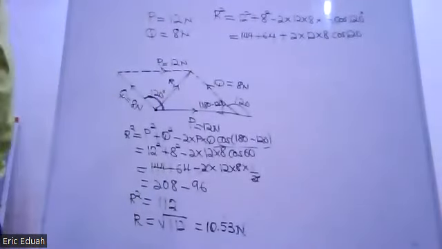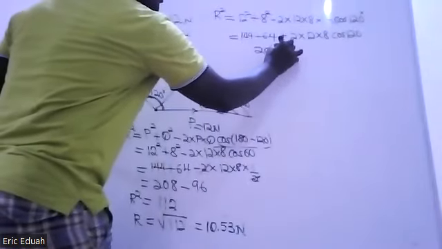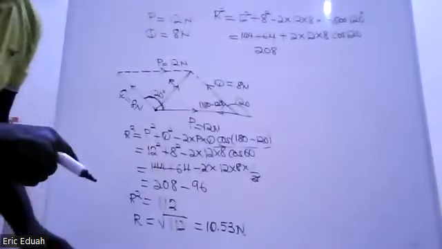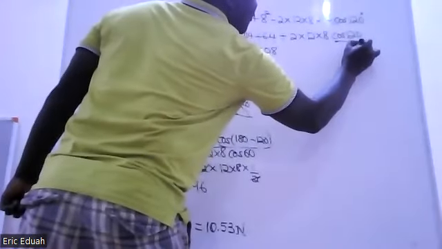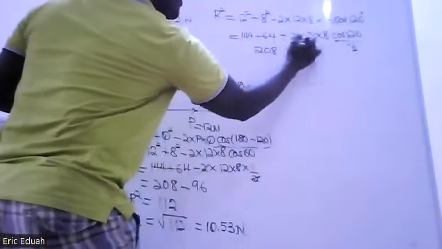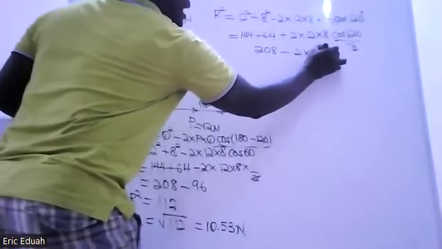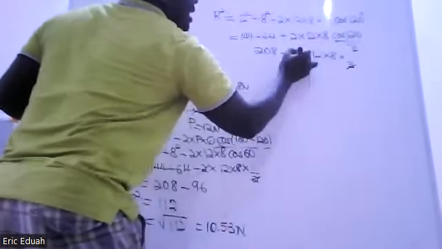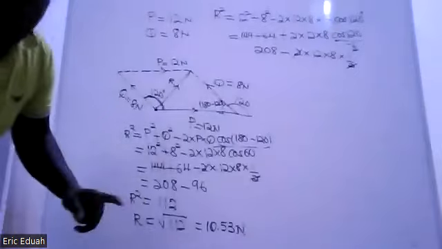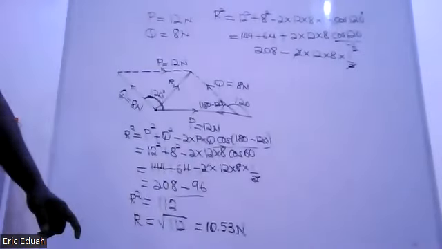Now cos 120 is negative half, so negative times negative makes a minus. That gives 208, minus 2 by 12 by 8 times half. Yes, and it cancels, so you realize that it brings you back to the same thing we got.